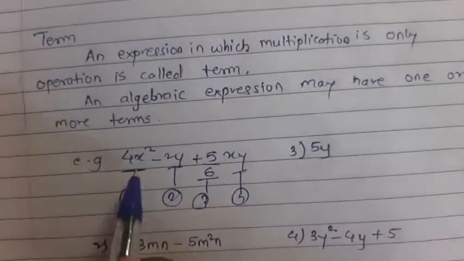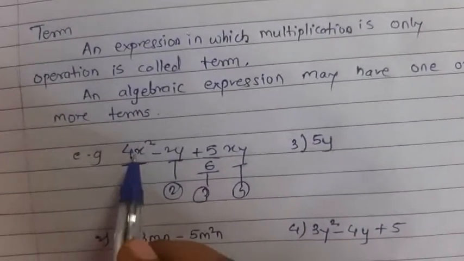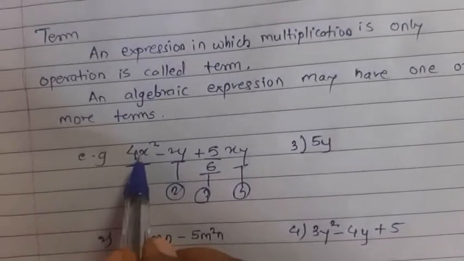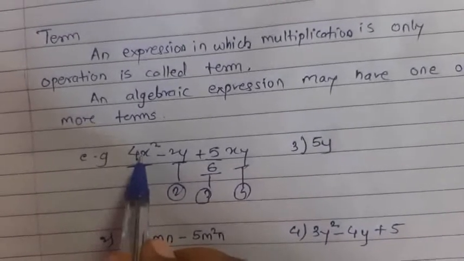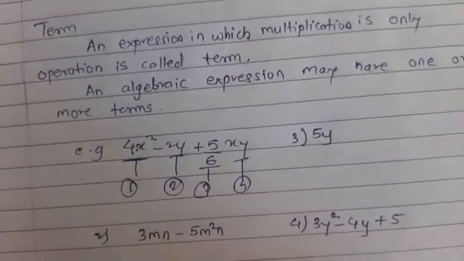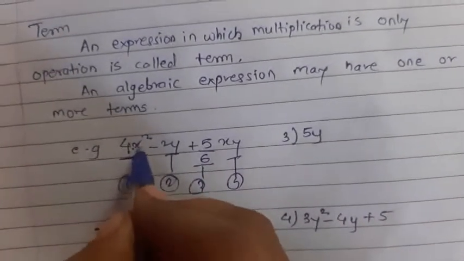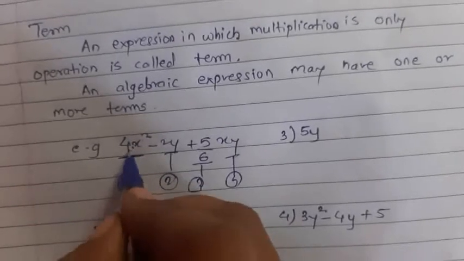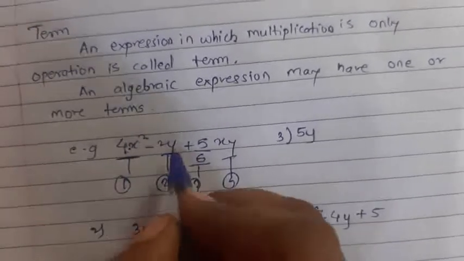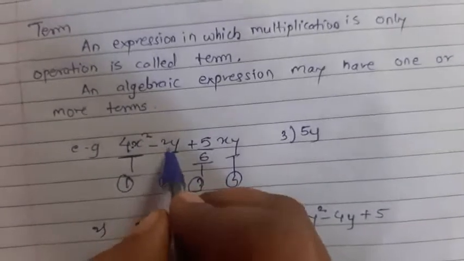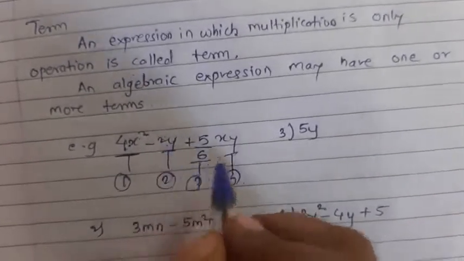Here if you see 4x, nothing is there between them. Nothing is there means multiplication is there. Multiplication is not shown by any symbol. So 4x square means 4 into x square. Here it means 2 into y.